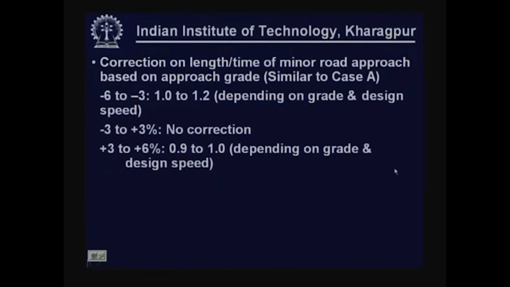Now, corrections on length or time of minor road approach are required based on approach grade.